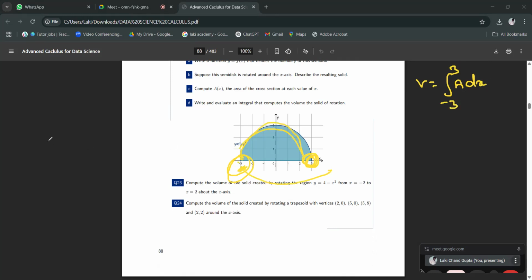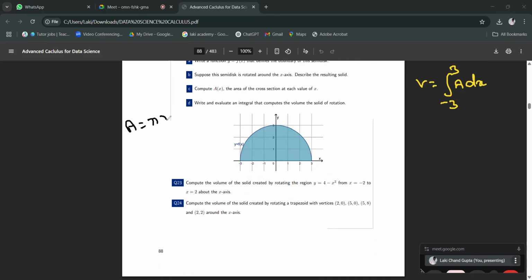Now what is area? This is actually what? A circle. It's a half circle, right? You know the area of a circle?